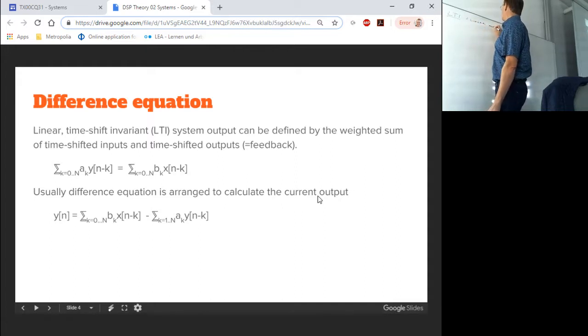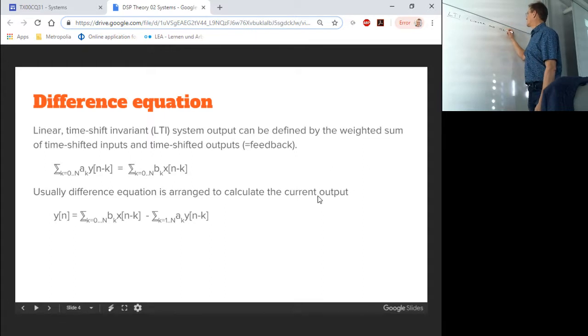But if a system is LTI, linear and time shift invariant, then we can describe the system with a difference equation.